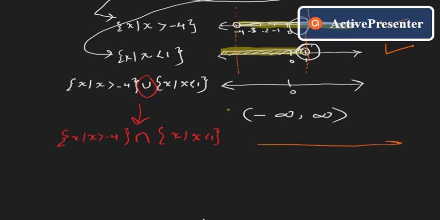So we are having the first set here 0 up to here minus 1, minus 2, minus 3, minus 4. Here open 4. Okay. The second set is 0, here 1. Okay. So here it is open. Here it's going to positive infinity.